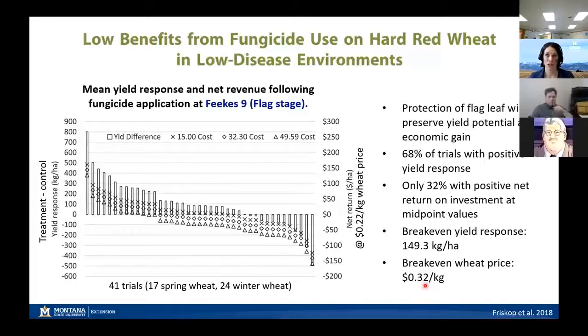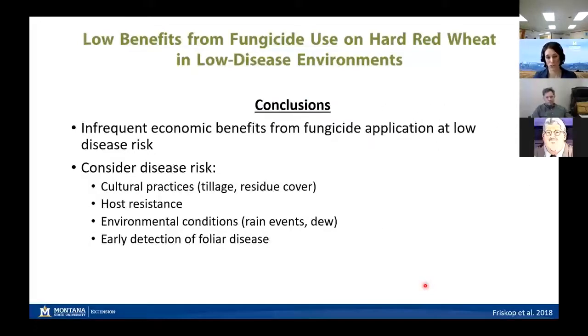So, while we might observe foliar pathogens on the lower canopy leaves, rarely are conditions conducive for these foliar diseases to actually move onto our flag leaf, which is the most important one for yield and economic gain. And so I think that an application that is more cost intensive at flag leaf, where disease is even less prevalent than maybe at tillering, results in just a lower likelihood of an economic gain.